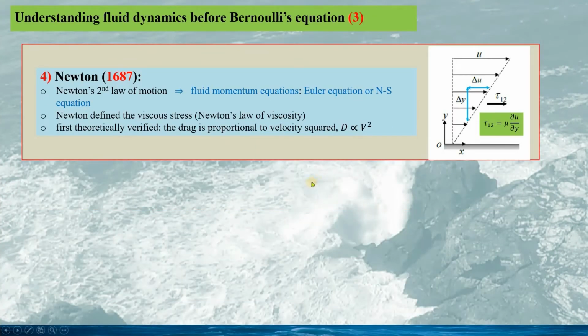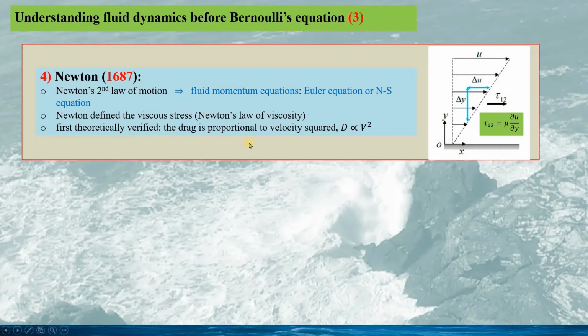And in 1687, Newton published his book, Mathematical Principles of Natural Philosophy, in which the famous Newton's second law of motion provides a fundamental equation for fluid dynamics. Euler established the fluid dynamic equation, namely the Euler equation, which is the foundation for the complete fluid dynamic equation, the Navier-Stokes equation.